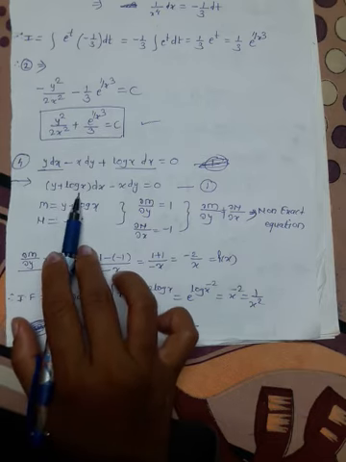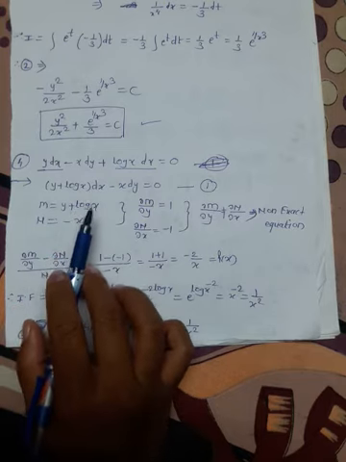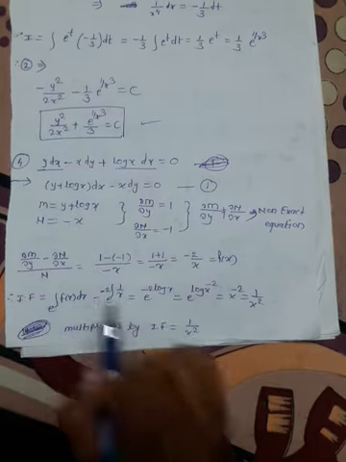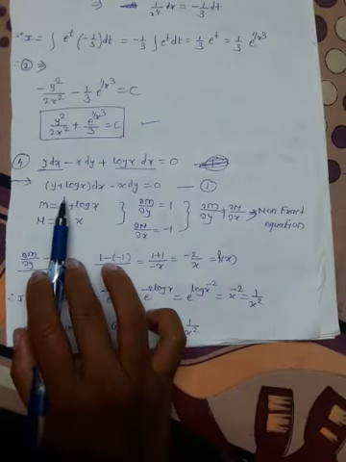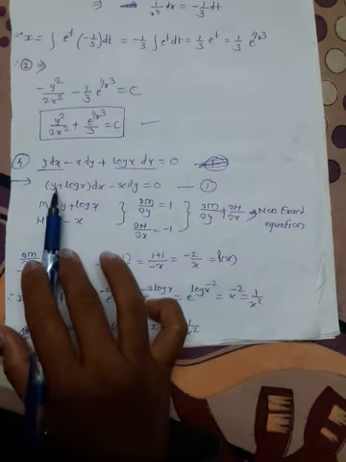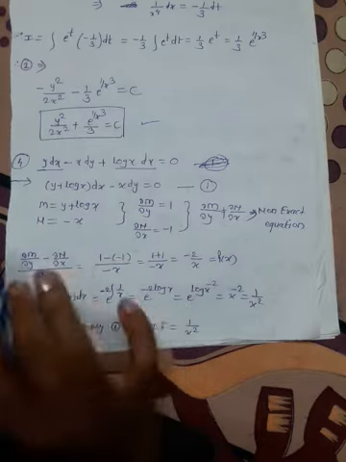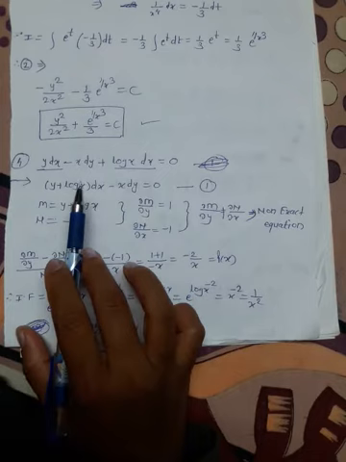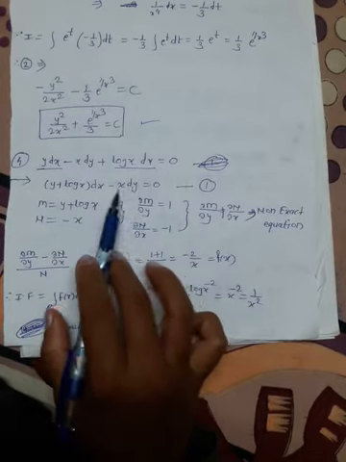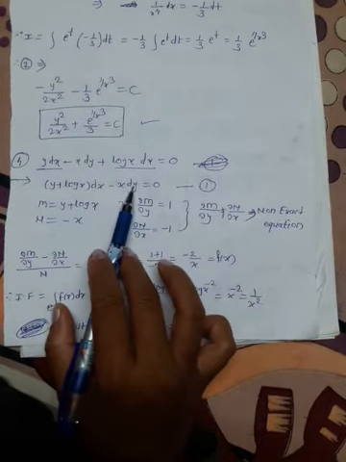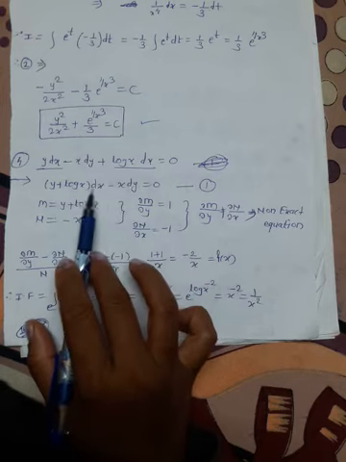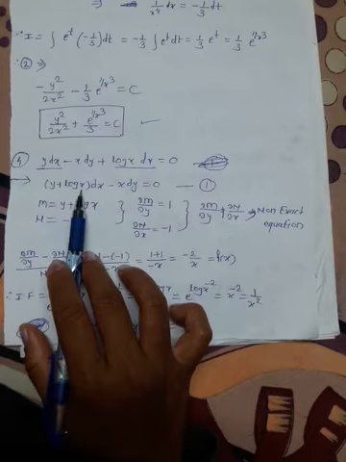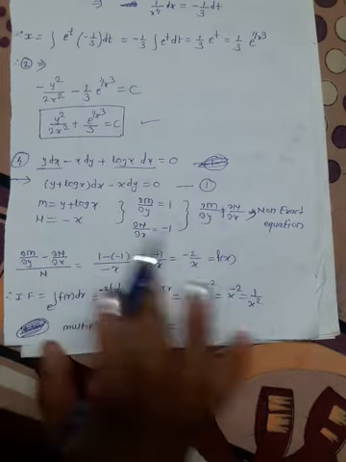Whenever log x, sin x, or an exponential function like e raised to x squared is there, we cannot count the degree. That's why we conclude it is not homogeneous, the first condition. Now second, is it of the type y dx and x dy? There is only an x dy term, but there is no y dx term. It contains y log x, that's why it is not of the second type also.